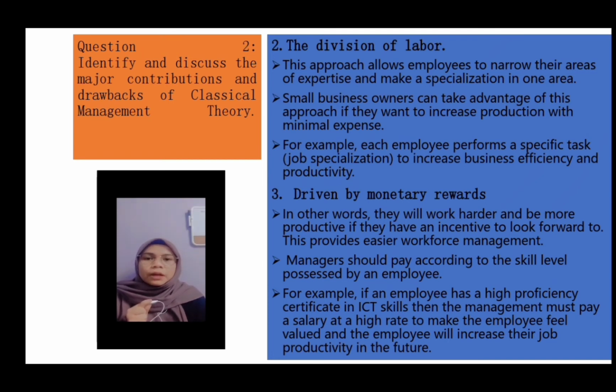For example, if an employee has a high proficiency certificate in ICT skill, the management must pay a salary at a high rate to make the employee feel valued, and the employee will increase their job productivity in the future.